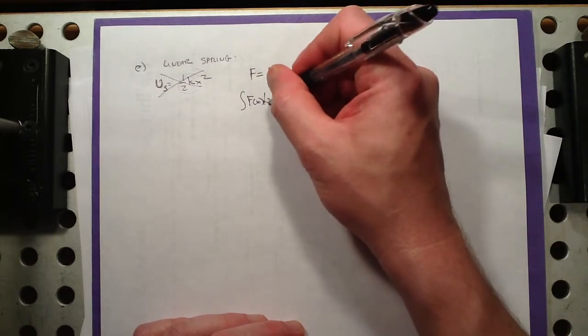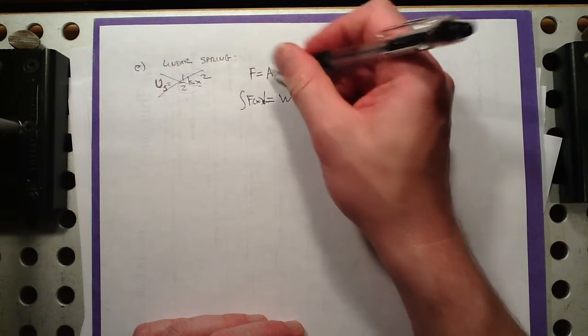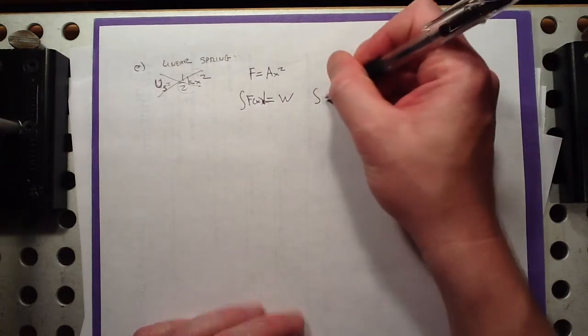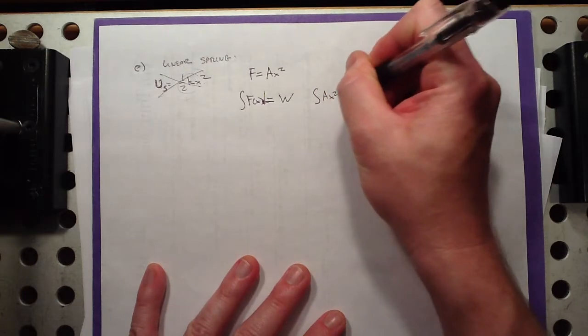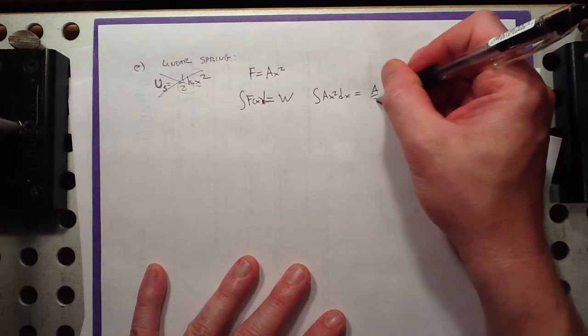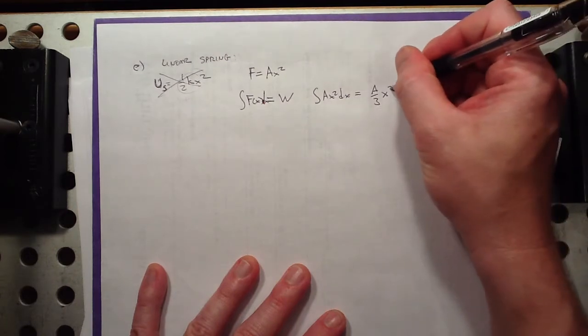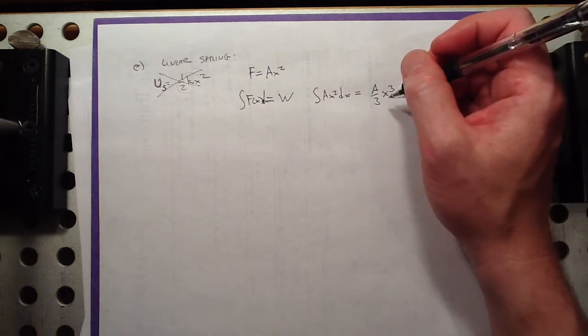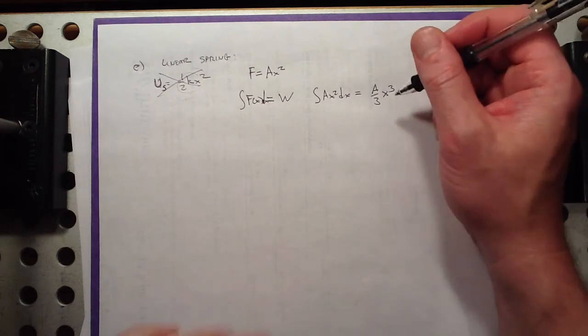The integral of the force gives us the amount of work done. So the integral of ax squared dx is equal to a over 3 times x cubed. And we know what a is, don't we? It's 1,700.